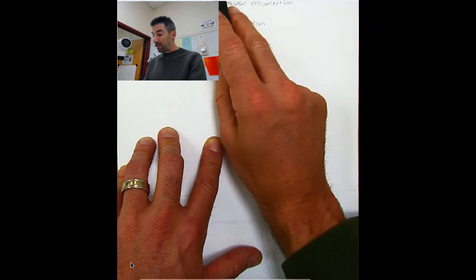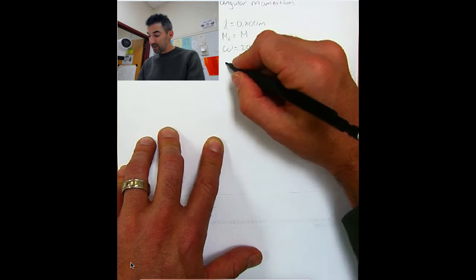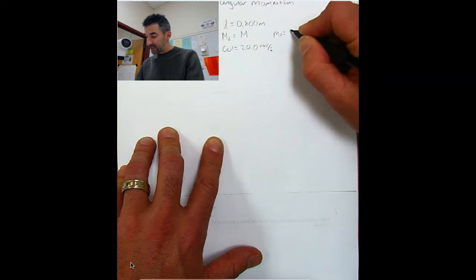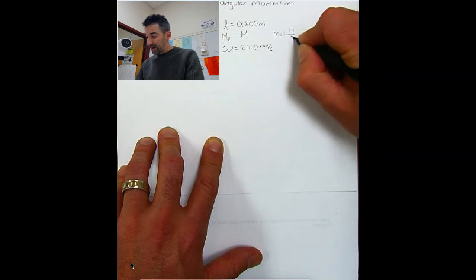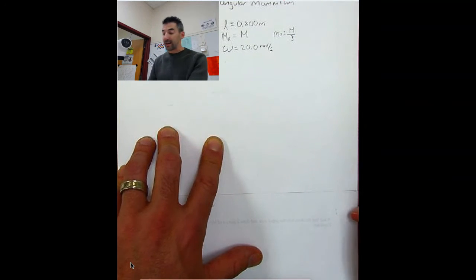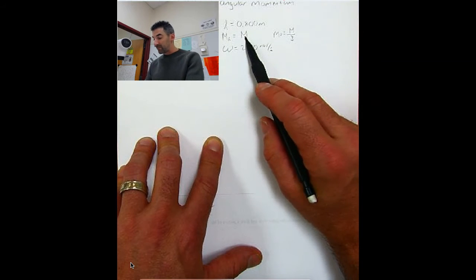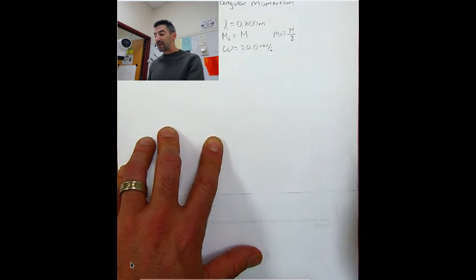I know the mass of the particle is actually big M divided by 3. So the rod itself is 3 times the mass of the particle. That was given in my problem.